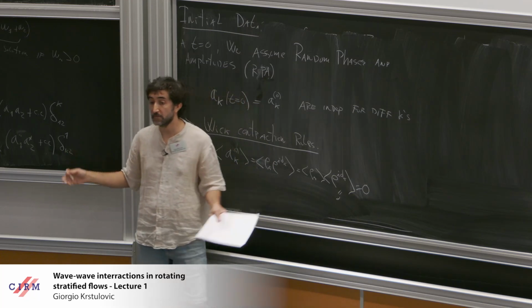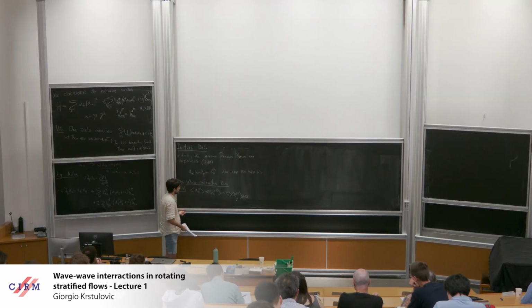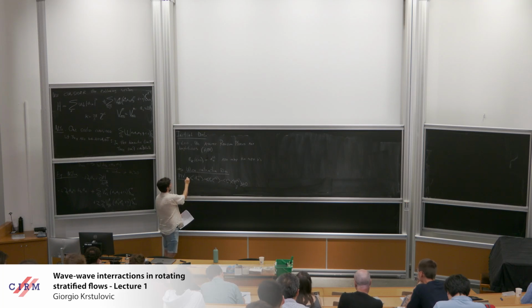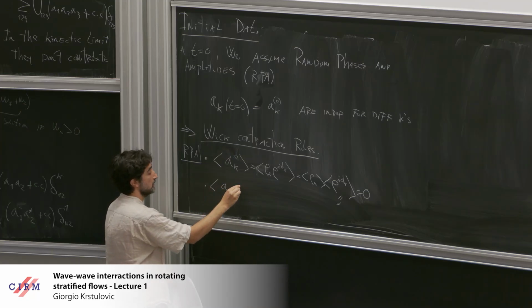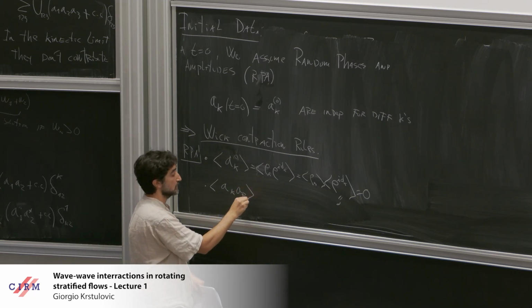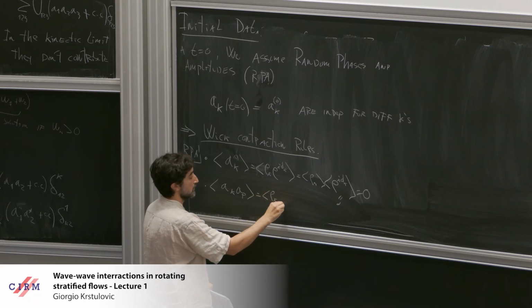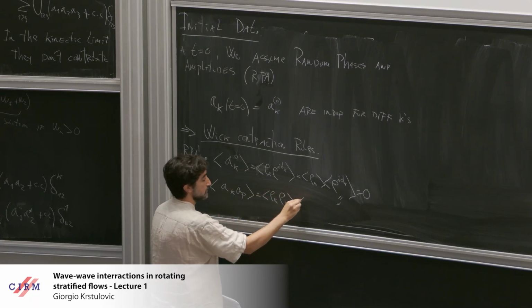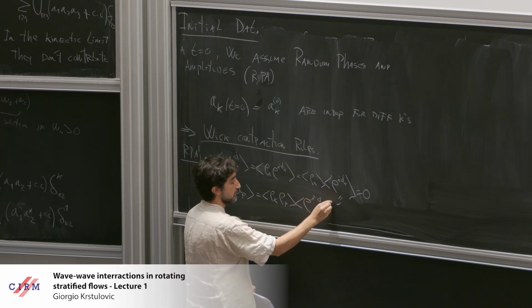Obviously, there are no mean values for the a's. This is obvious. If we have a_k a_p, it will also be 0. That will be rho_k rho_p e^{i(phi_k + phi_p)}.